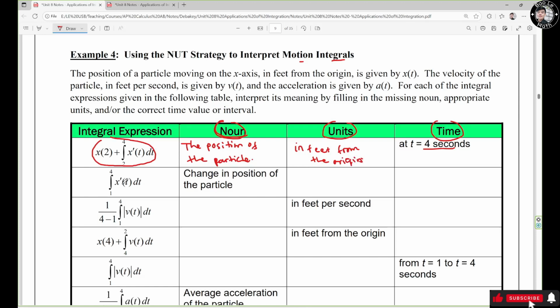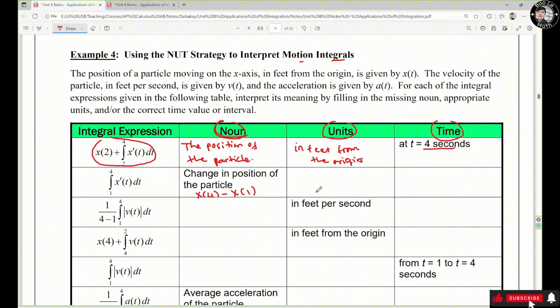Now, number 2 right here, the integral from 1 to 4 of s prime of t dt. When you take the antiderivative of s prime of t, it tells us this is the change in position of the particle, because this is actually s of 4 minus s of 1.